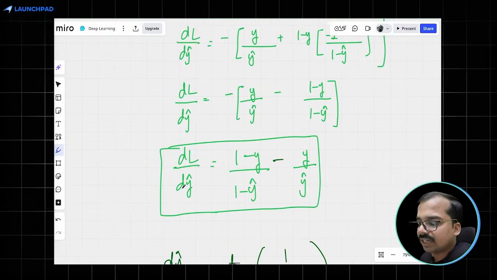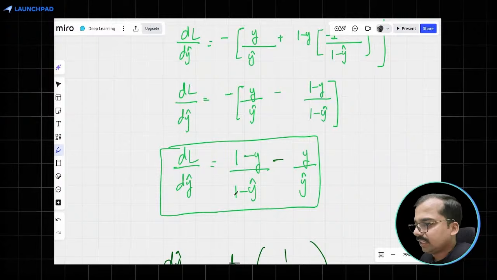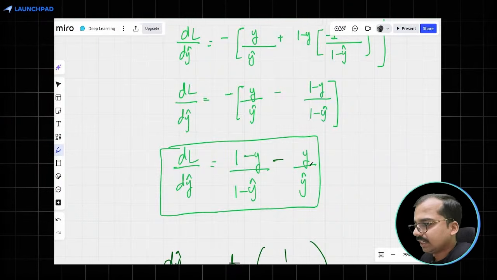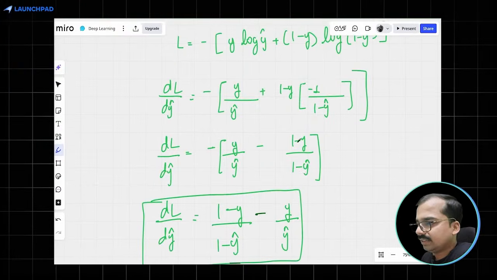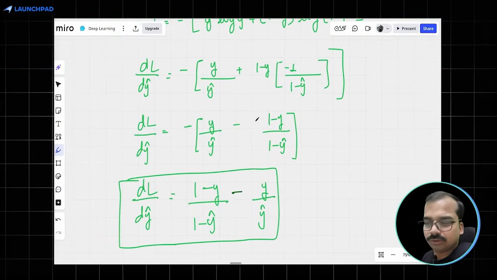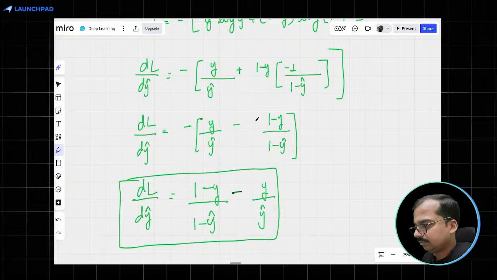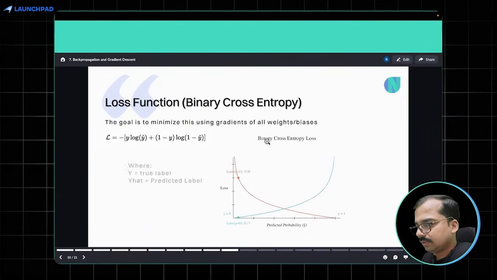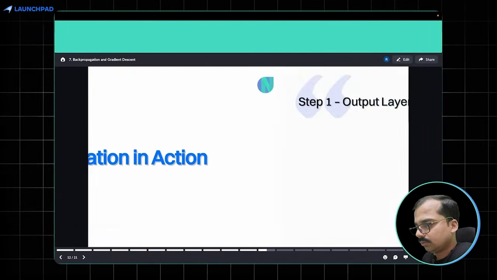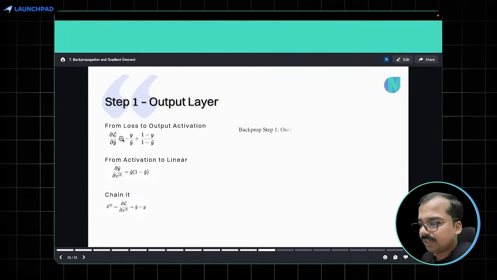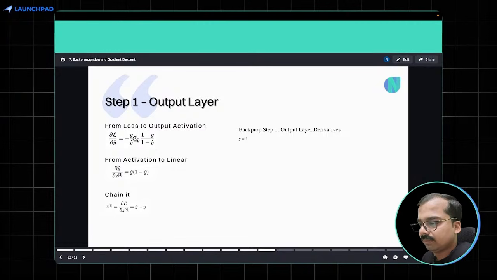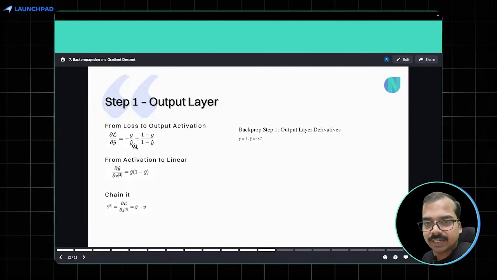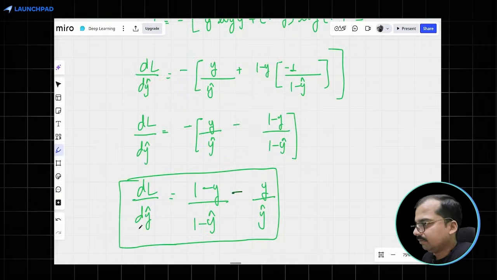So dL by dy hat will be (1 minus y) upon (1 minus y hat) minus y upon y hat. You can try this differentiation, I think it should work out for you also. So dL by dy hat is equal to (1 minus y) upon (1 minus y hat) minus y upon y hat. So I got dL by dy hat, right?